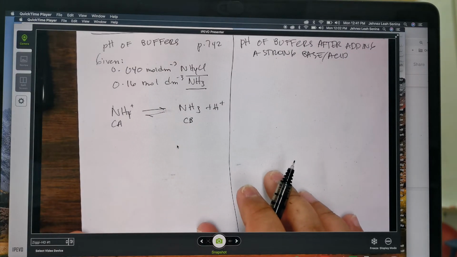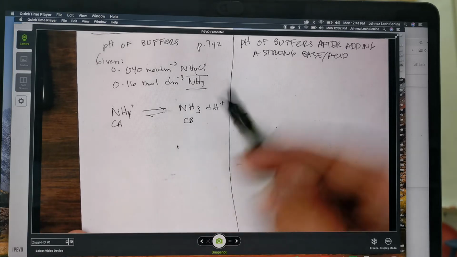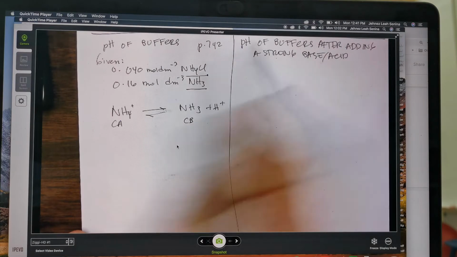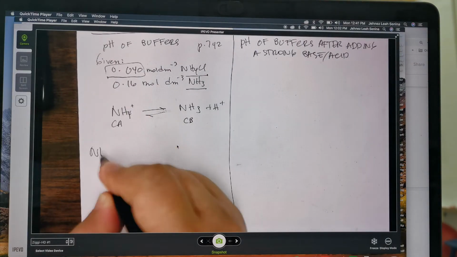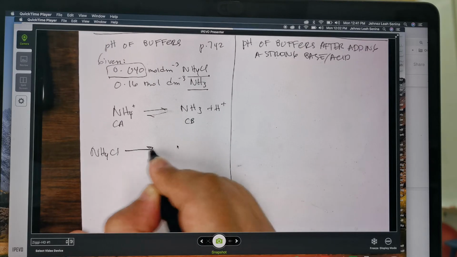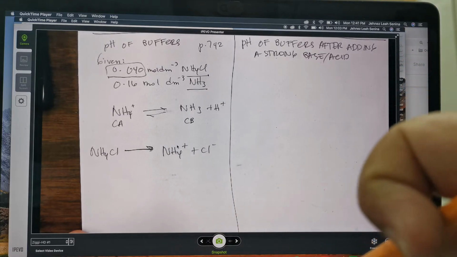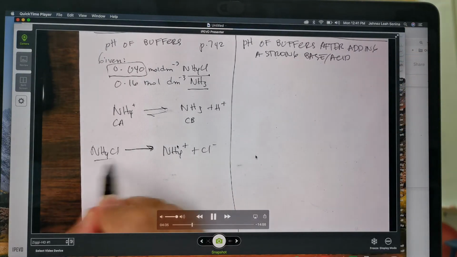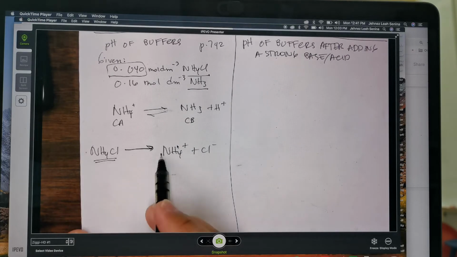Okay, so the concentration of ammonium chloride is 0.040. We know that ammonium chloride completely dissociates into this. So if you know the concentration of ammonium chloride, you look at the molar ratio, 1:1.